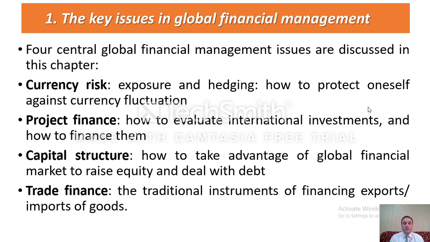So now we have the main key issues in global financial management. We have four central issues discussed in this chapter: the currency risk, the exposure and hedging, how the company protects itself against currency fluctuations; also the project finance, how to evaluate international investments and how to finance them; the capital structure, how to take advantage of global financial markets to raise equity and to deal with debt; and finally the trade finance, the traditional instruments of financing exports and imports of goods.